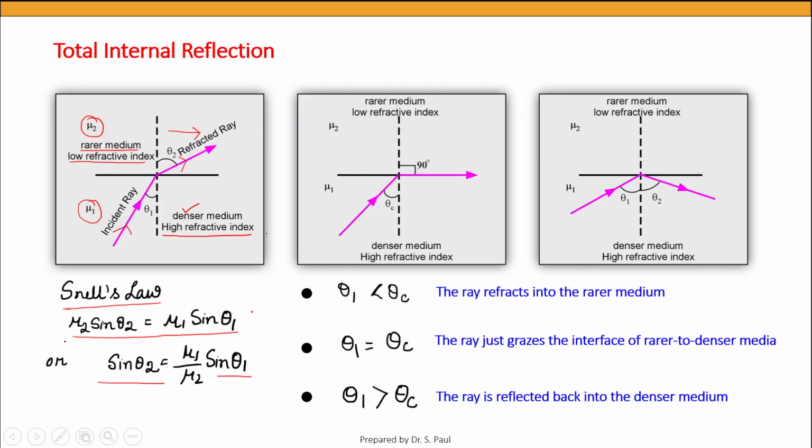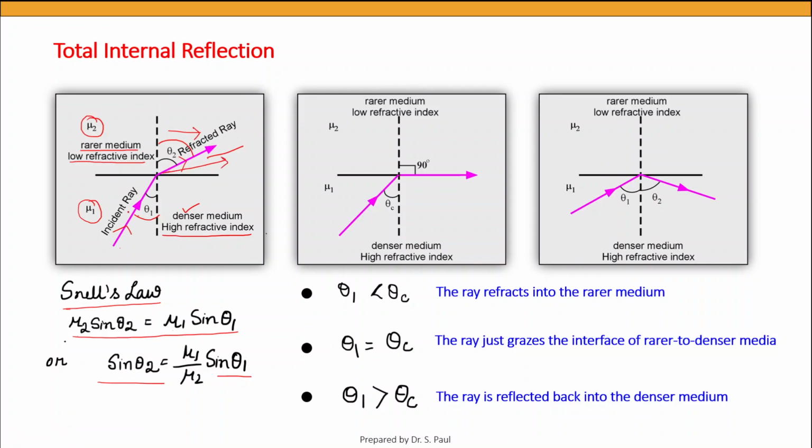Let us take theta 1 as the angle of incidence and theta 2 as the angle of refraction. This is the incident ray and this is the refracted ray. Now when the angle of incidence theta 1 in the denser medium is increased, theta 2 also increases, and the refracted ray bends more and more away from the normal.